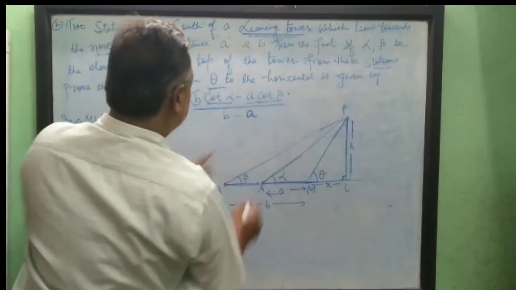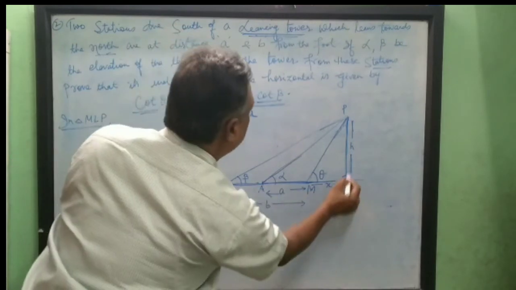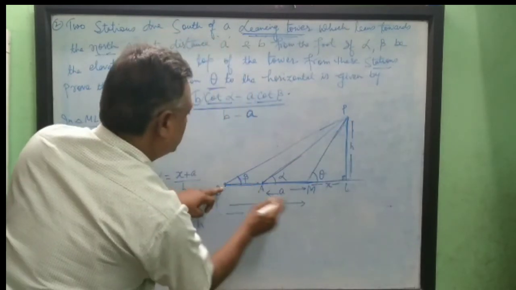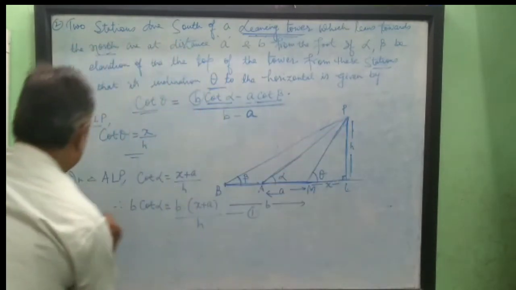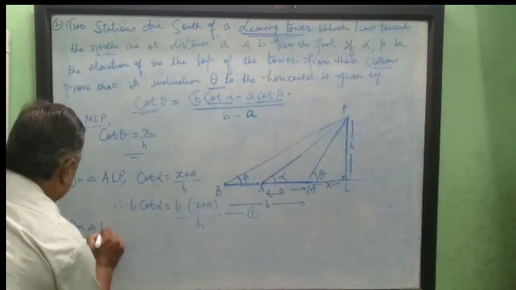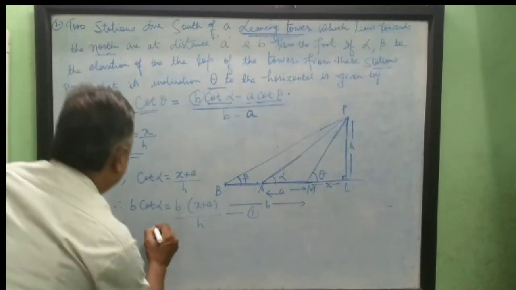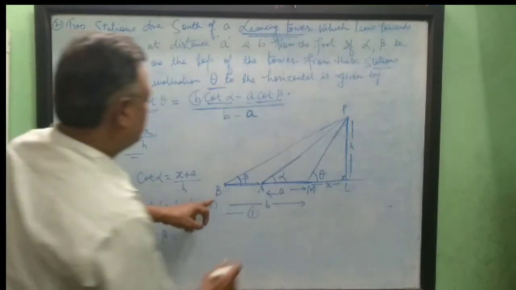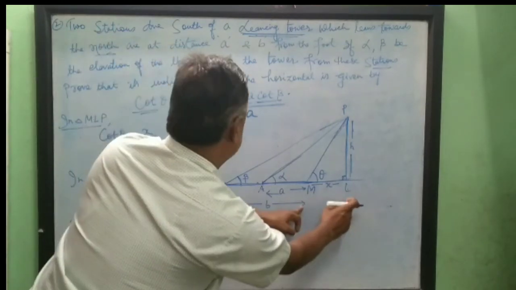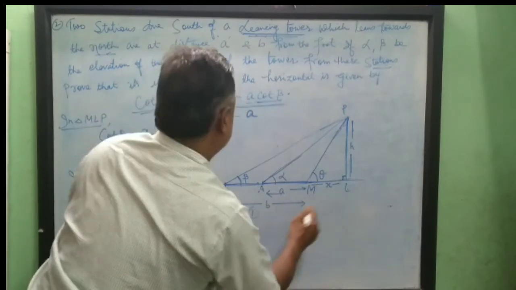Again calculate a cot beta. So in triangle BLP, this is beta. So we will have to consider triangle BLP. In triangle BLP, cot beta is equal to, this is b plus x, this part is b and this is x.